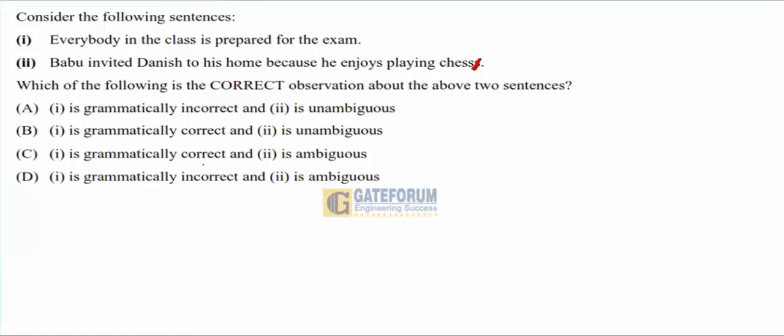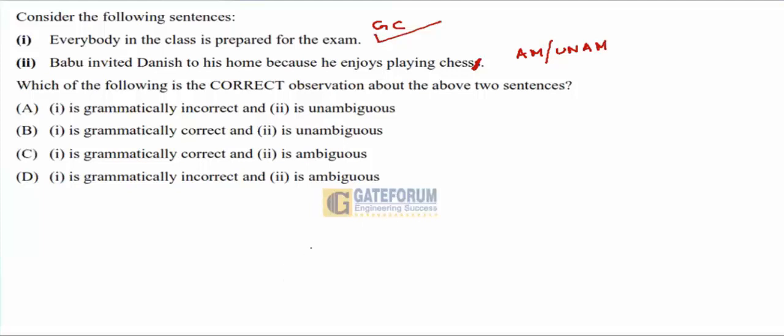See, from the options you can find that for the first sentence you will have to comment about the grammatical correctness, and in the second statement you will have to comment about whether it is ambiguous or unambiguous. That is my option, that is my choice. So see, everybody in the class is prepared for the exam is a perfectly grammatically correct sentence.